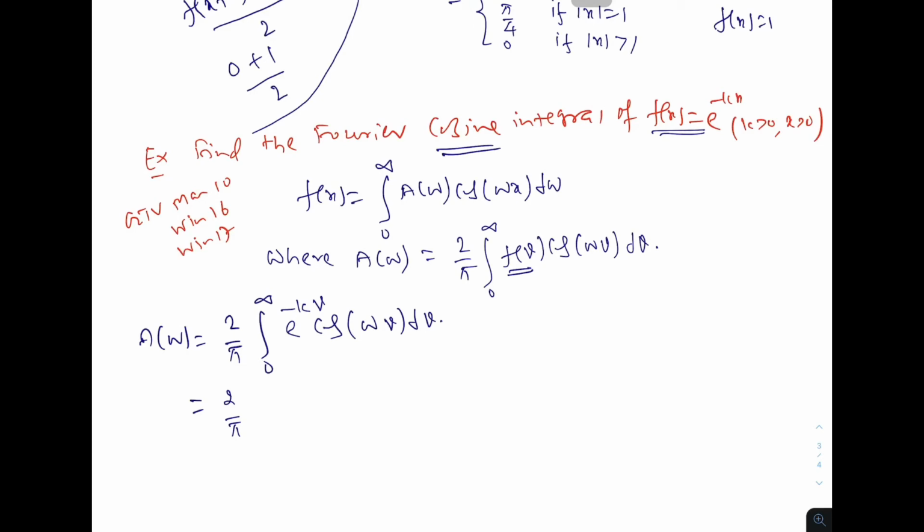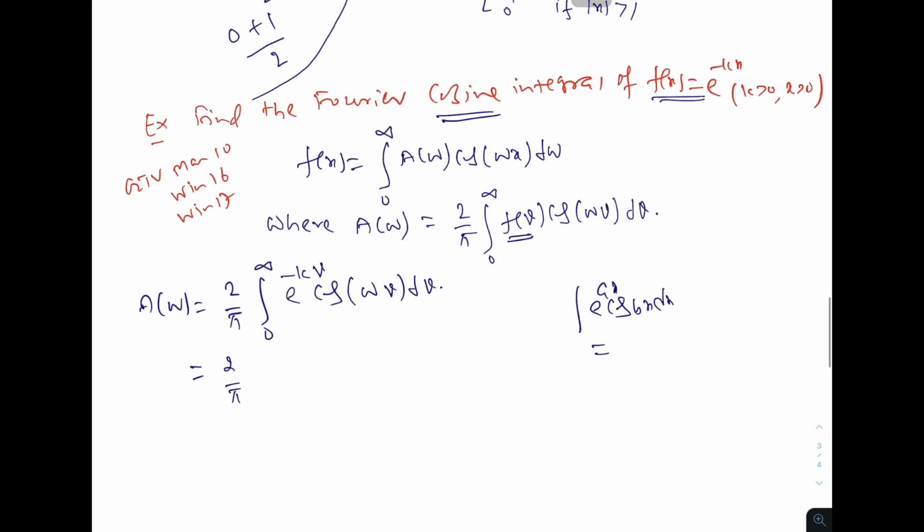So this is 2 by pi. Now we should remember the formula for the integration, which we have used many times: the integral of e^(ax) cos(bx) dx is equal to e^(ax) over (a square plus b square) times (a cos bx plus b sin bx). So this formula we have to use.